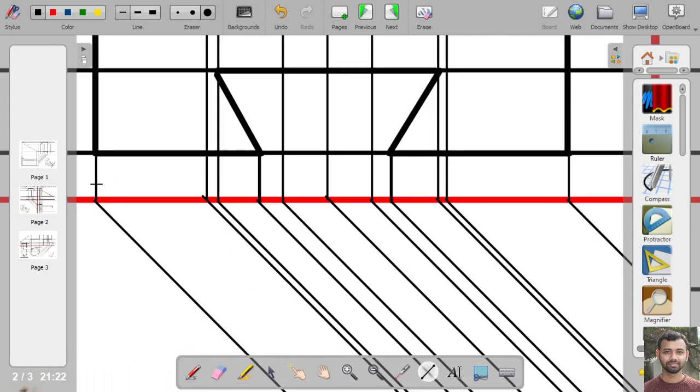So from this point to this point, this dimension will be 64 mm. This dimension is 64 mm.